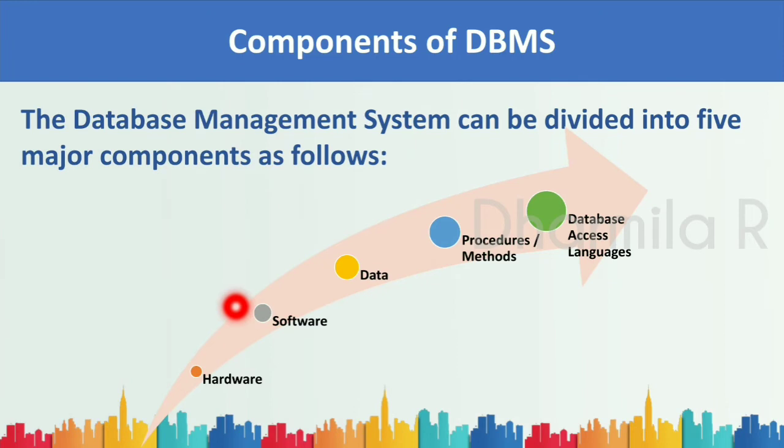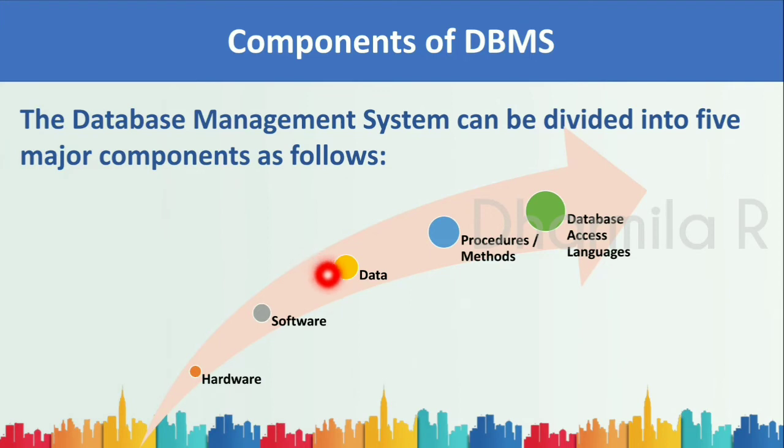This main component is a program that controls everything and it is capable of understanding the database access language. And the next one is data. It is a main resource for which the database management system is created and it is used to store and utilize the data.